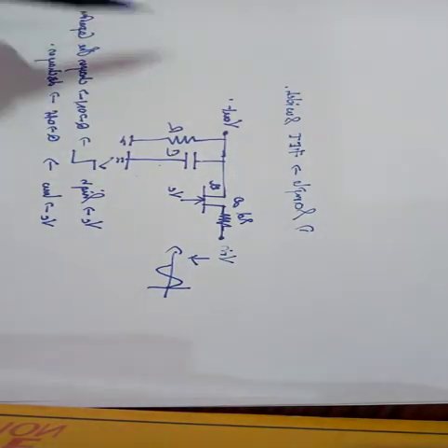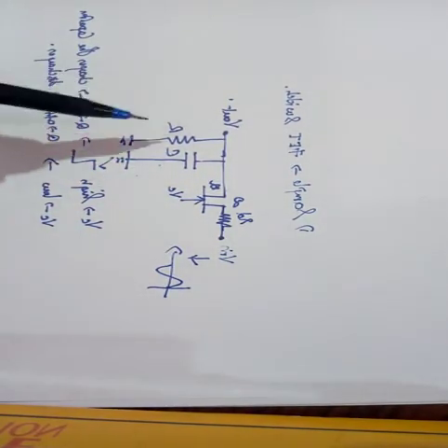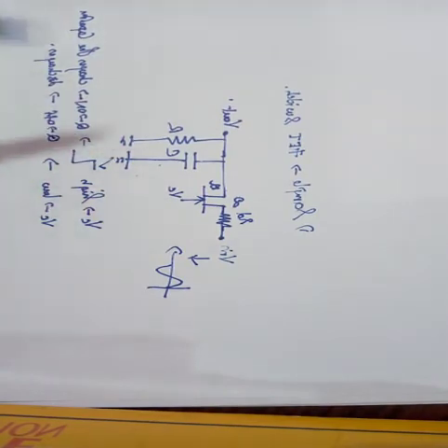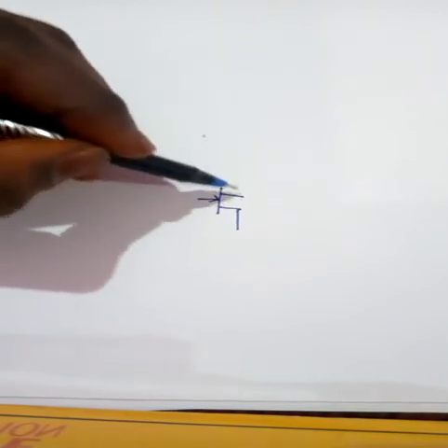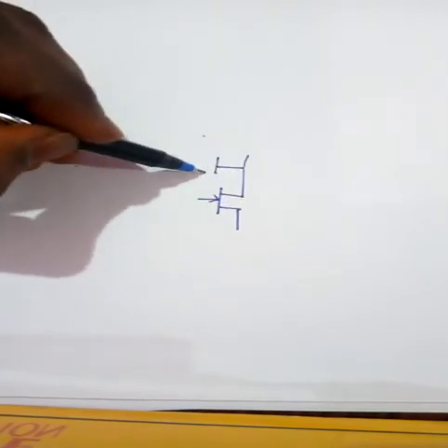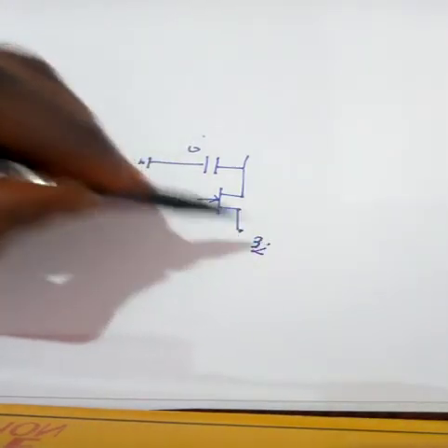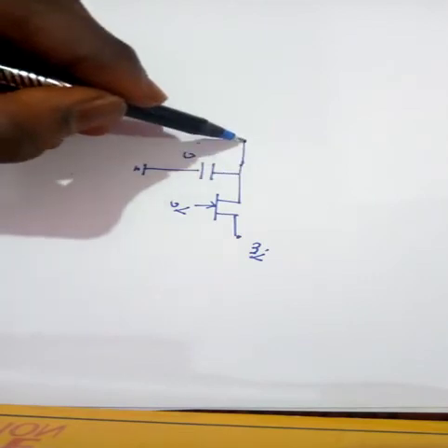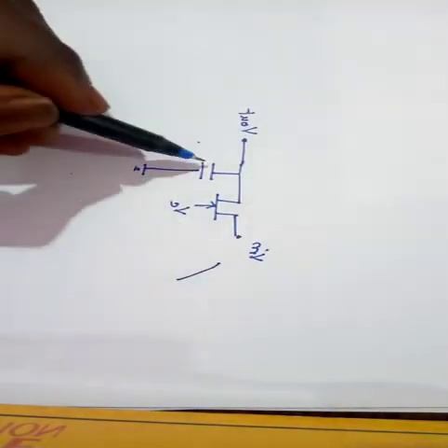Then how can it be used for holding the value of the input? Let me explain, just see. This is my switch, this is my capacitor C, my Vin, this is my control voltage, and this is my Vout.